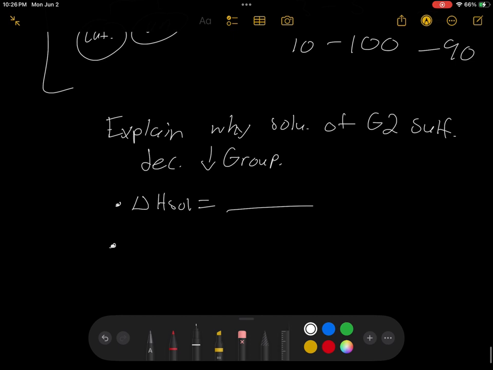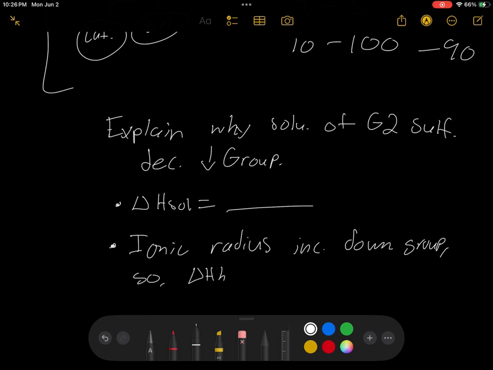Another mark would be saying that ionic radius increases down the group, so delta H hydration and delta H lat become more positive.